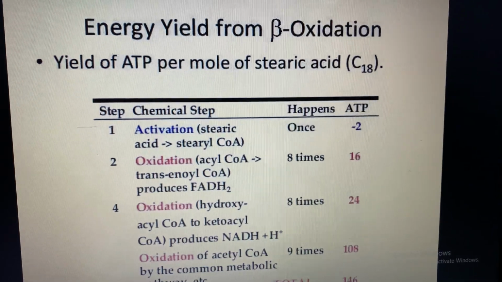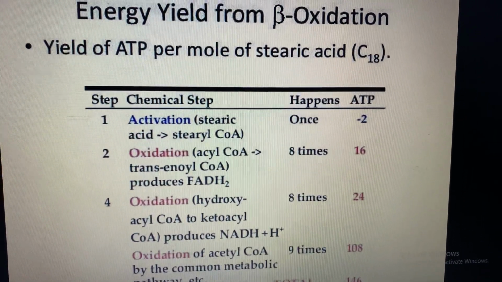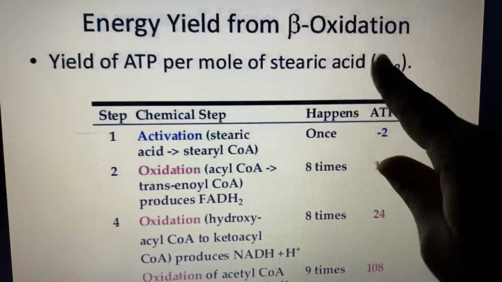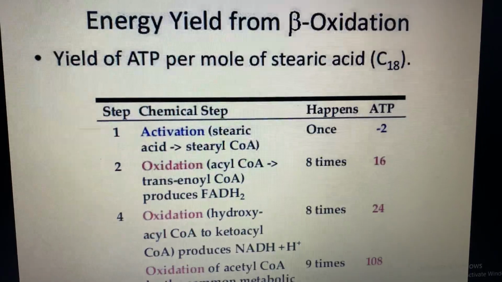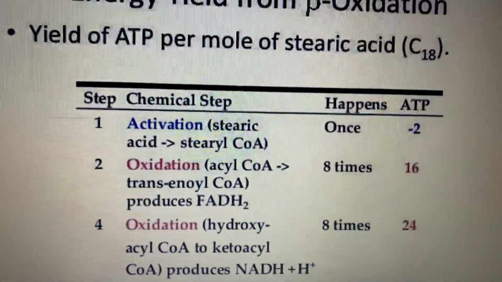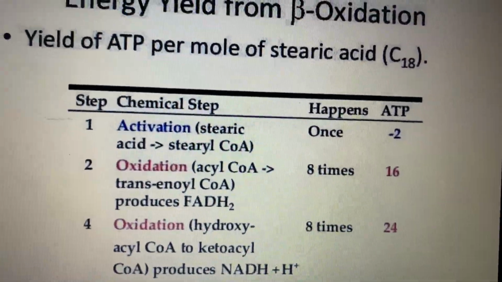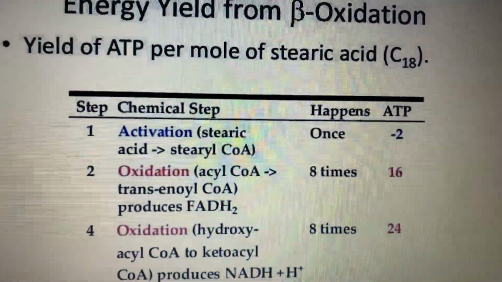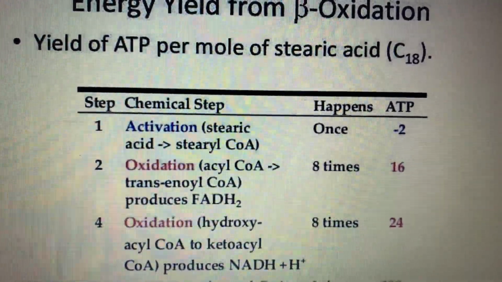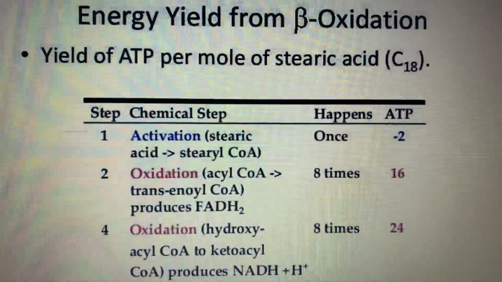So the energy yield from beta oxidation altogether, taking stearic acid as an example, which has C18. So how many ATPs are produced per mole of stearic acid? Let's see. During the activation of stearic acid to produce stearyl coenzyme A, 2 molecules of ATP are used, so this is written as -2.